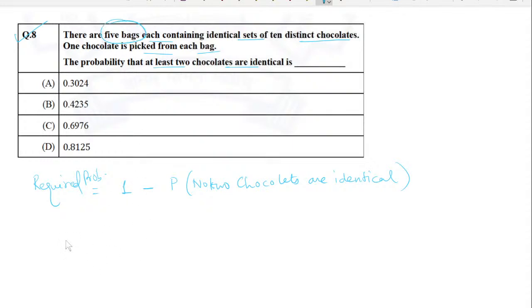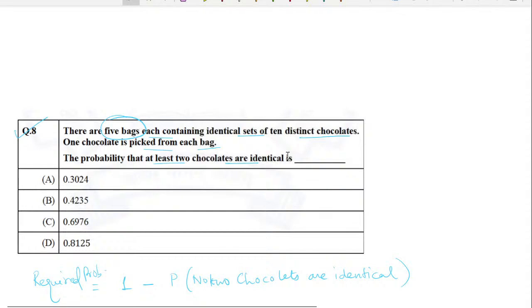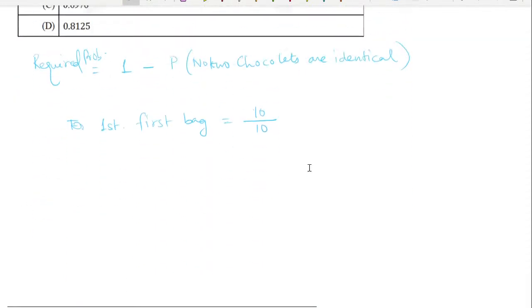The probability of getting a chocolate from the first bag is total 10 chocolates and 10 possibilities.